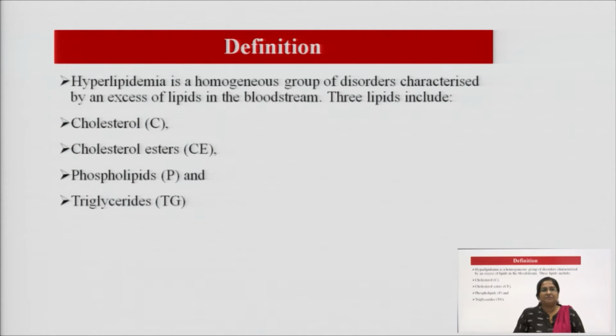When hyperlipidemia hits a person, the most important underlying problem is cardiac disease. Arrhythmia can happen, myocardial infarction can happen, atherosclerosis, all this can happen because of hyperlipidemia. That means all the high end cardiac diseases are the next step of hyperlipidemia.